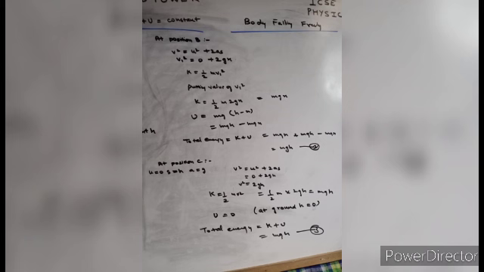K will be half m times 2gx, so K will be mgx. Now U will be mg(h minus x), because the height of B from the ground is h minus x, so it makes mgh minus mgx.